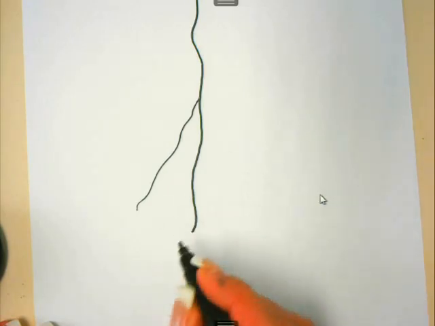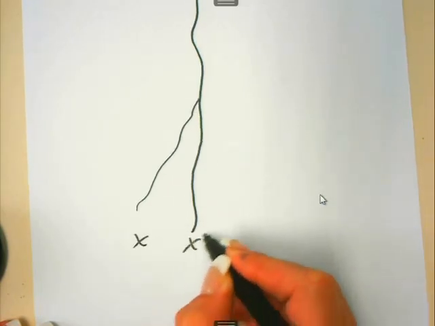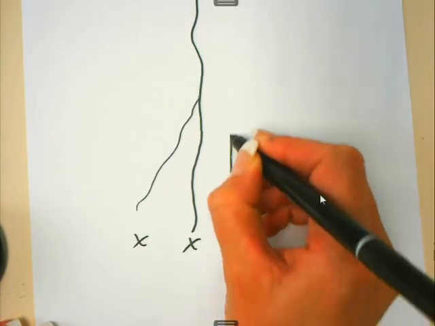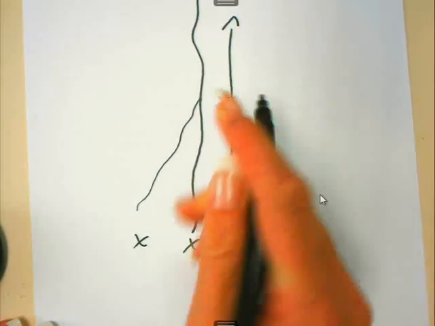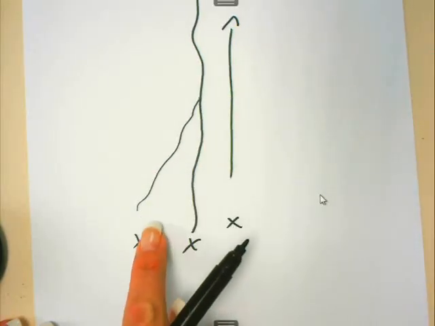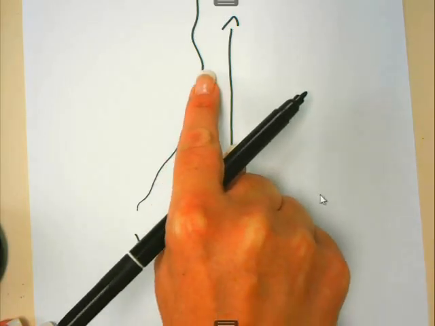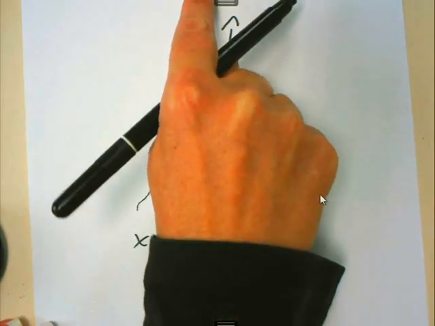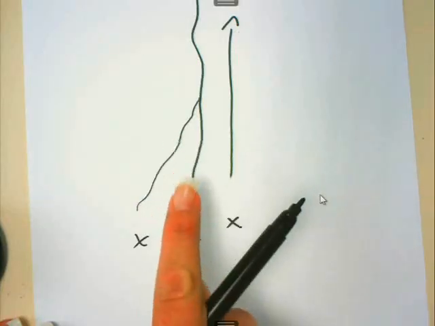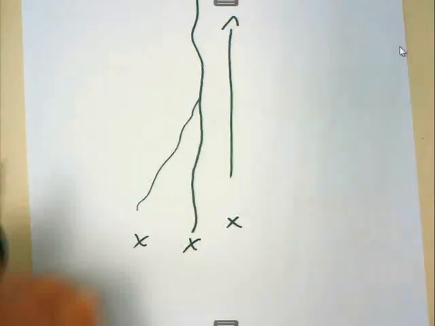Do you see it's flowing from the higher lying area to the lower lying area? Meaning it is moving from that higher lying area into the river to the lower lying area, meaning that this river is flowing northwards.